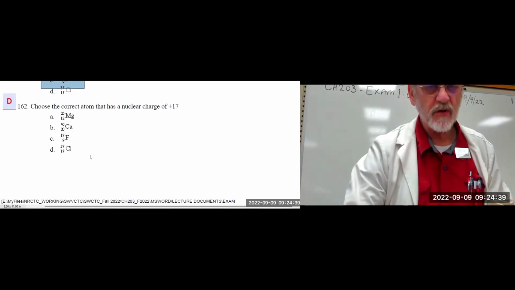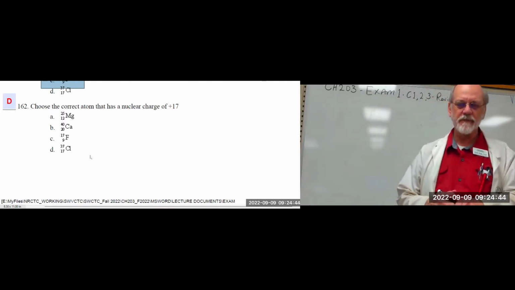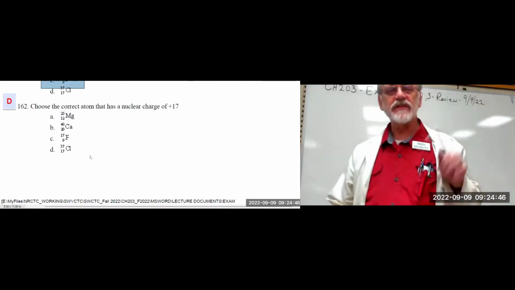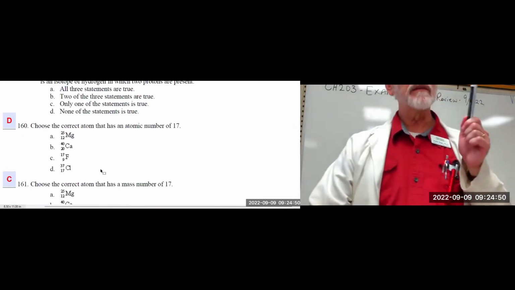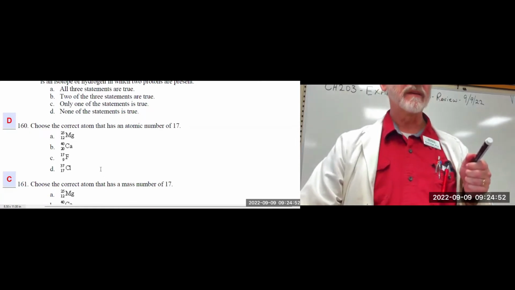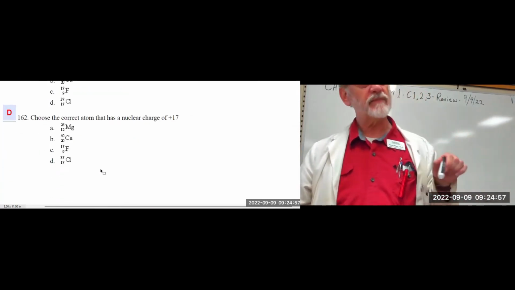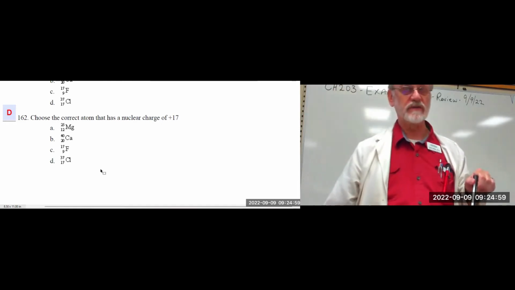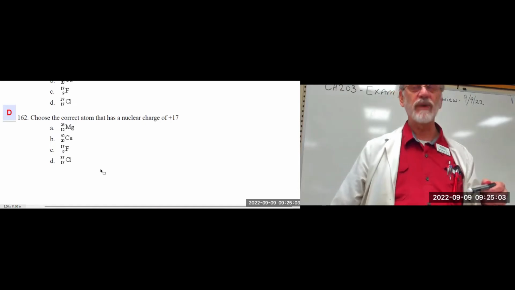Let's see. Choose the correct atom that has a nuclear charge of plus 17. Okay, this is another way of saying the same thing as in 160. If the nucleus has a charge of plus 17, that means it has 17 protons, right? Because there's nothing in the nucleus other than the positives to balance it.